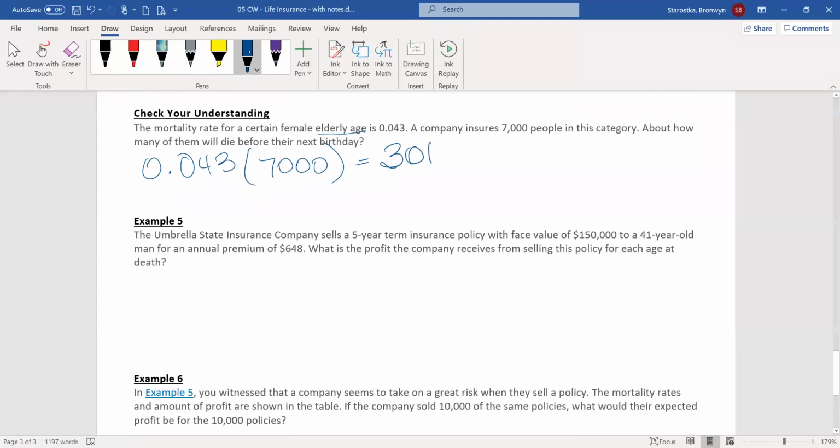Example 5. The Umbrella State Insurance Company sells a 5-year term insurance policy with a face value of $150,000 to a 41-year-old man for an annual premium of $648. What's the profit the company is going to receive from selling this policy for each age at death? So here's the thing.